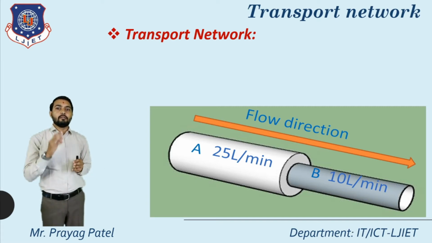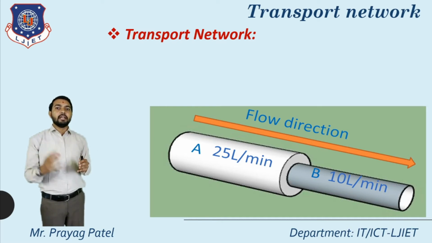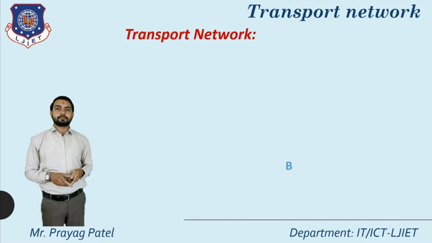Here the minimum out of these two is 10 liters per minute, because part A is 25 liters but the out part B is 10 liters. So basically we can say that the overall capacity of this network is 10 liters per minute. So this is a transport network.